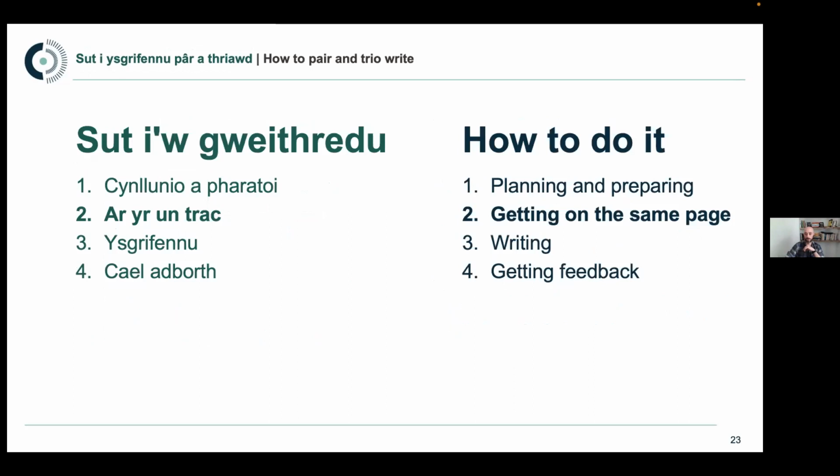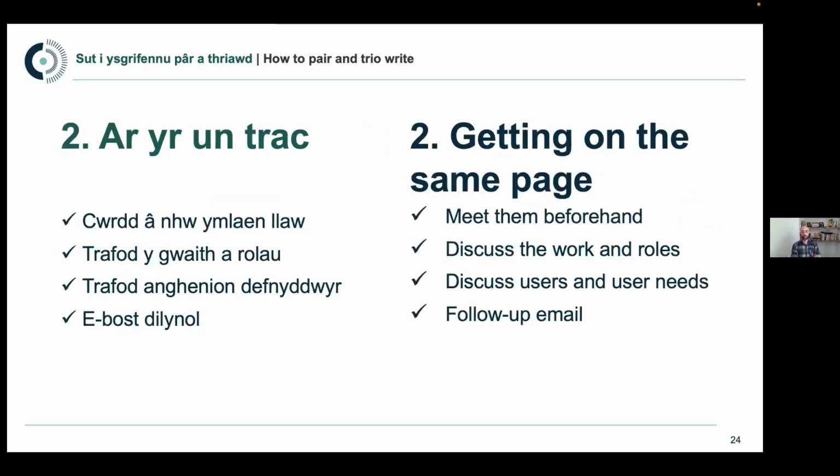So after the preparing and the planning, I wanted to talk about alignment with the people involved in the session. Getting on the same page. This is something that you probably want to do before the session itself. You want to meet the person that is going to be working with you. You want to introduce yourself and the project, and it's an opportunity to explain not just the work but also why the help is so important.